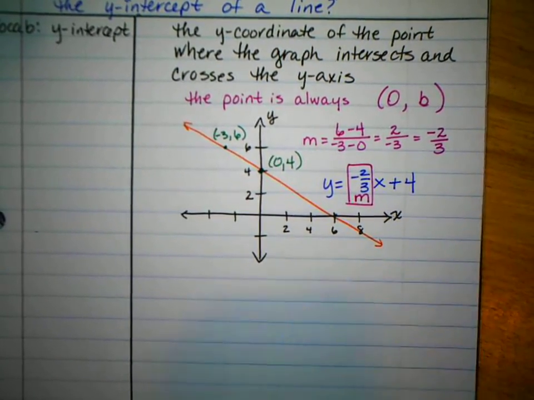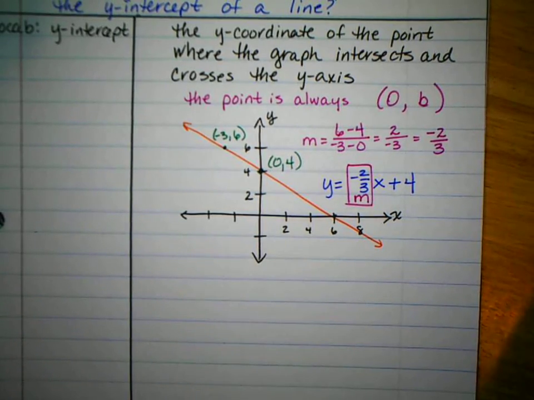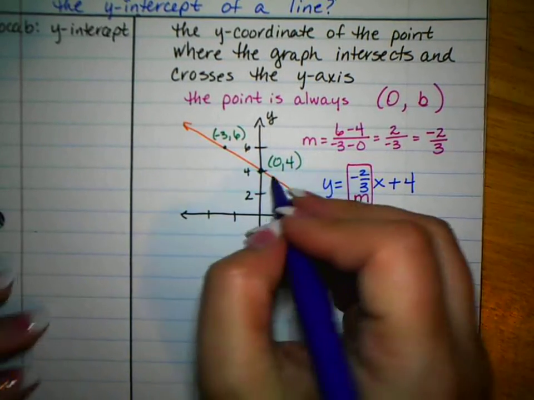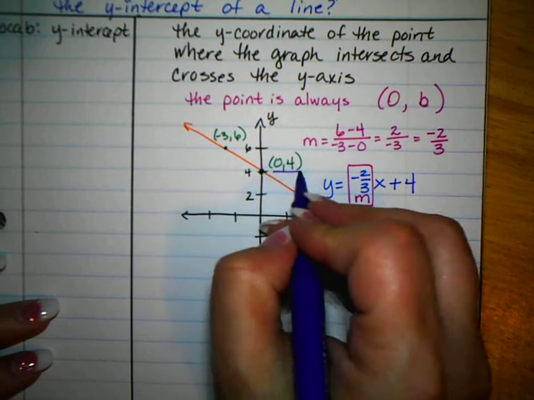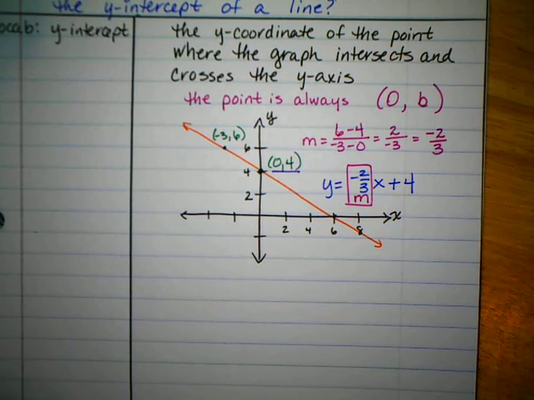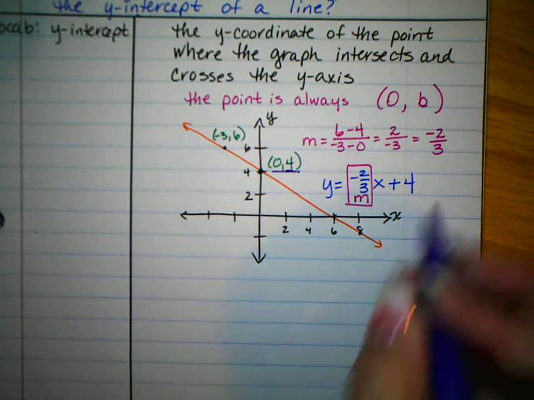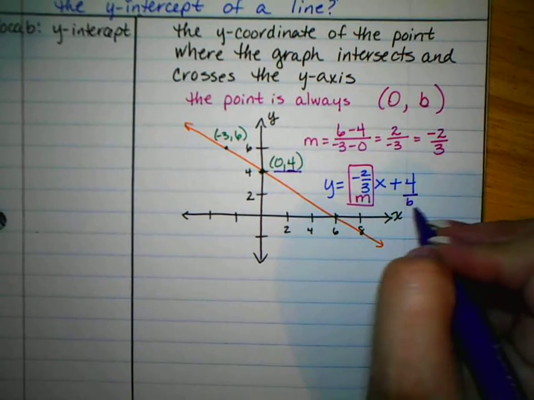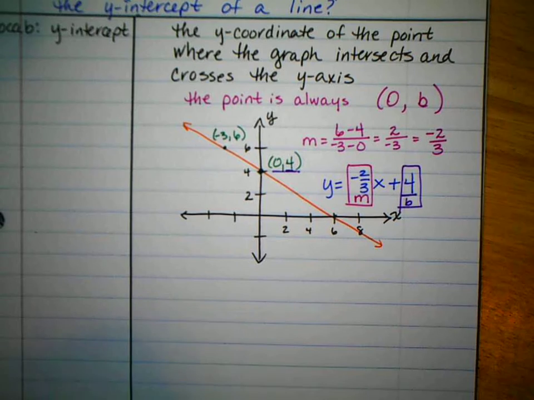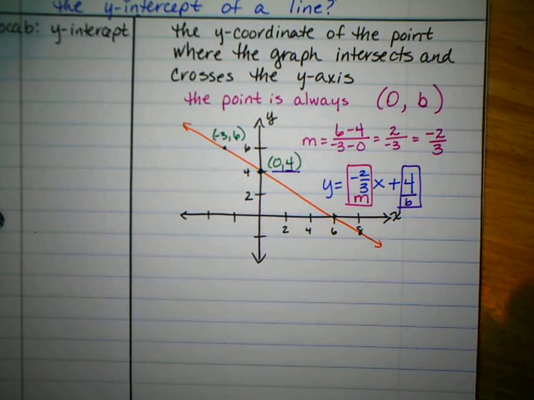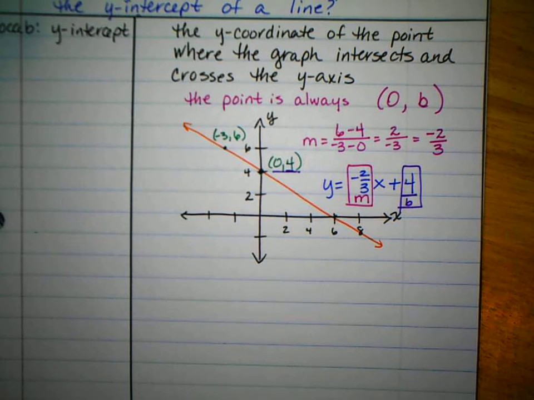That's where it is in the equation. This is where I'm crossing the y-axis. This is my b right there. That's how the equation works. That's how we get the equation of the line from a graph.